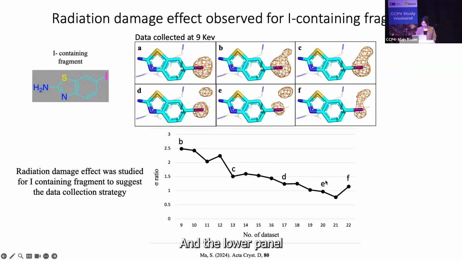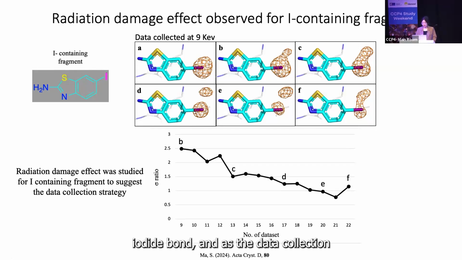And the lower panel here shows the changes of the anomalous sigma ratio between the 2 anomalous blobs along the data collection. So one assumption here is that the absorbed X-rays induce the cleavage of the carbon-iodide bond.